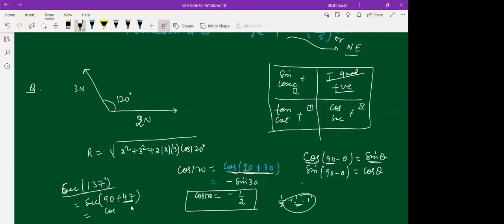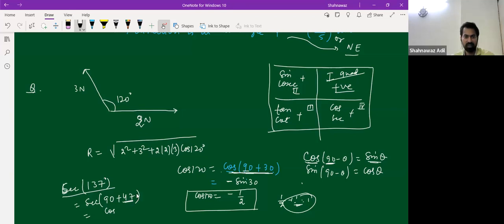We don't know the value of 47. So I wanted this answer to be less than 90, right? I didn't tell you about this angle. My mistake. Let me correct this, and now how to change the angle.